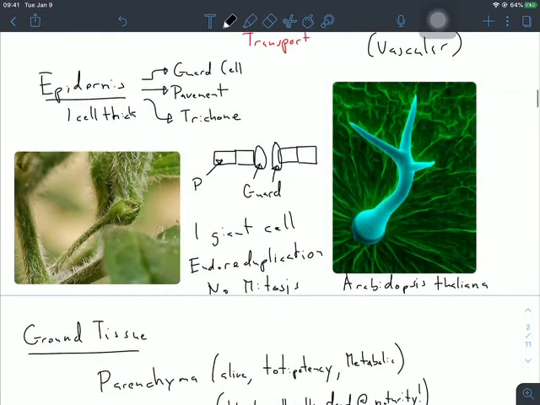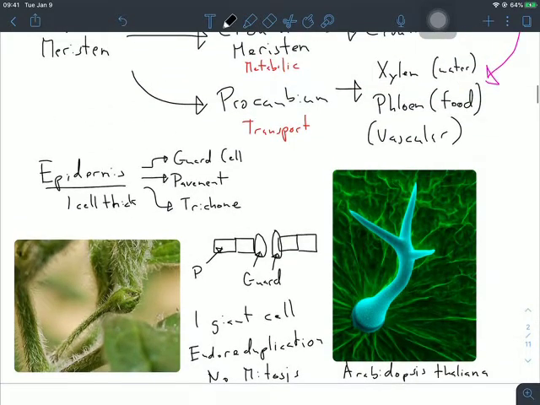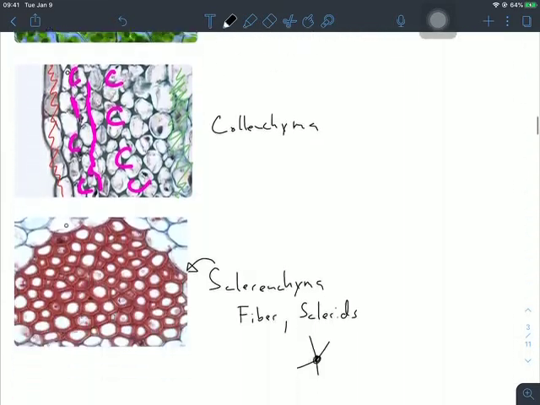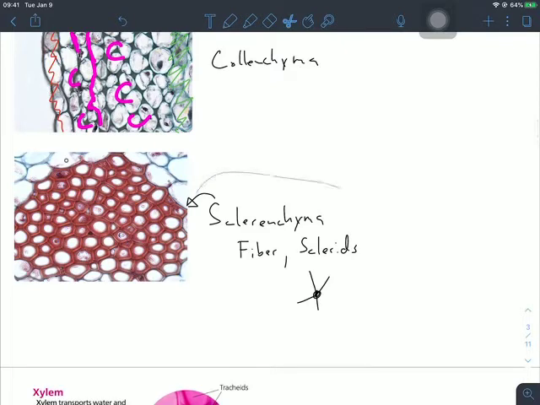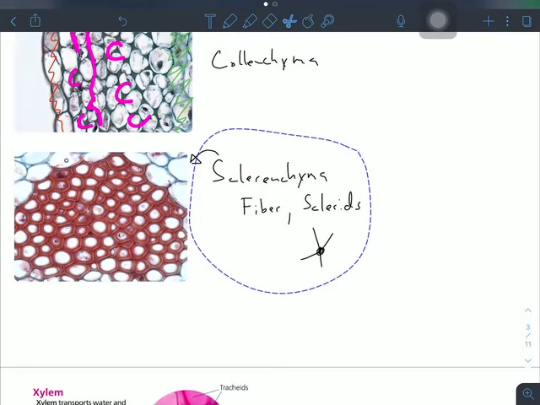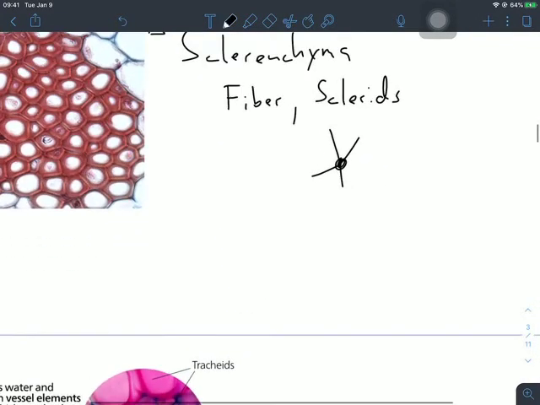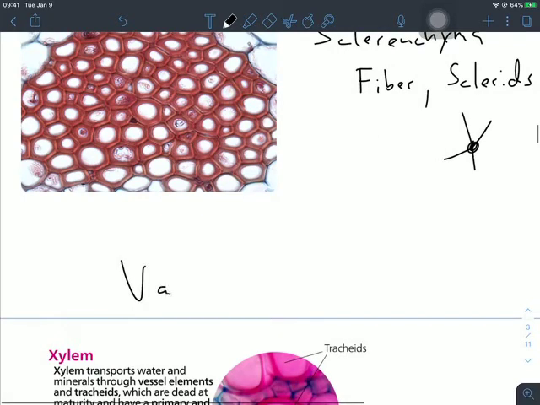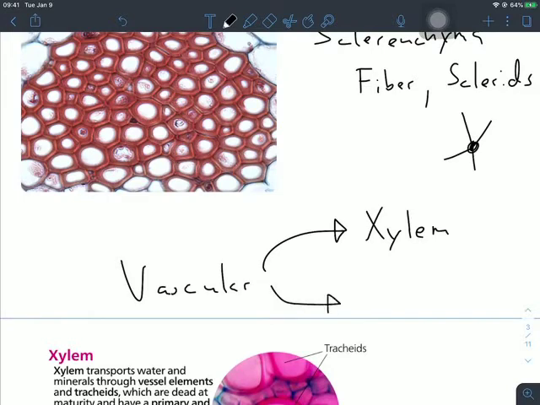But these are different ground tissue types. So last but not least, we've got our vascular tissue type. For that, let's see, I'll make us a little space here. Vascular tissue. We'll just occupy this last space here. In our vascular tissue, you have the xylem and the phloem.